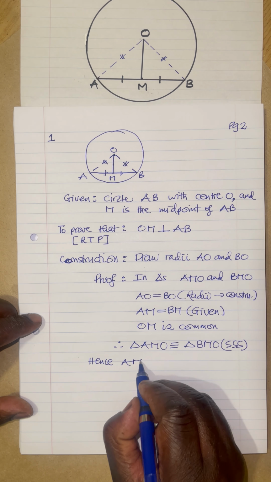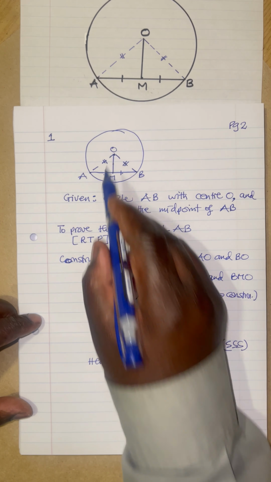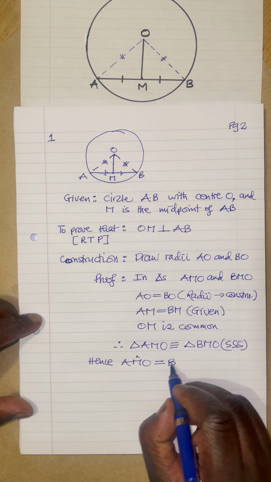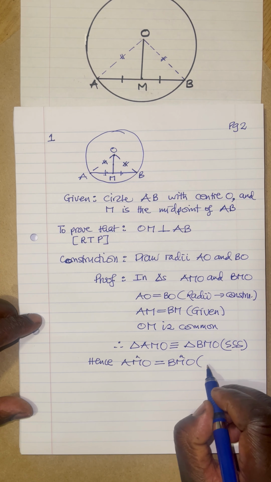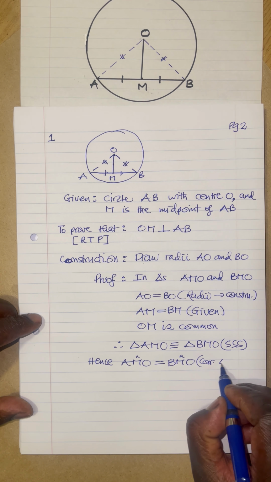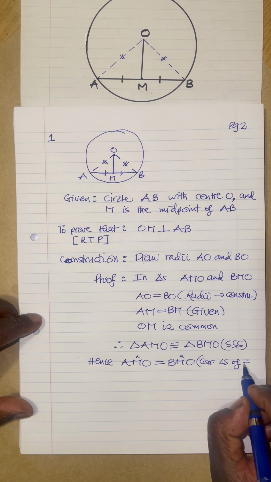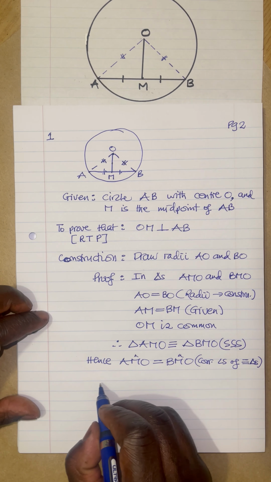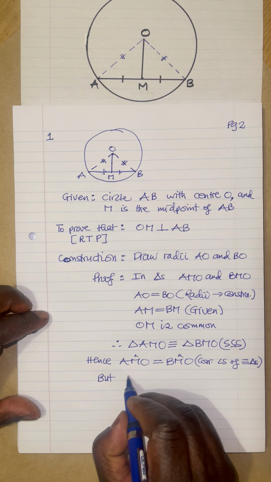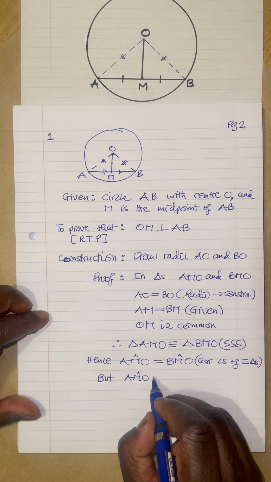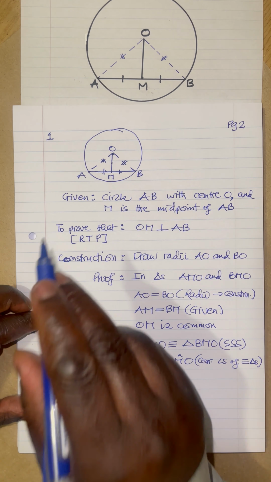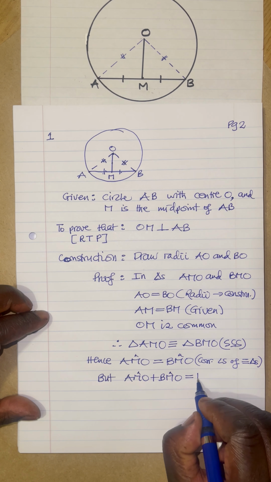Next, we can now say hence angle AMO is equal to angle BMO. Why are these angles equal? Well, they are corresponding angles of congruent triangles. Corresponding angles of congruent triangles are equal. But you can agree with me that angle AMO plus angle BMO, these two angles must add up to 180 degrees.